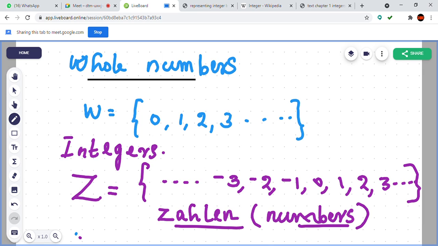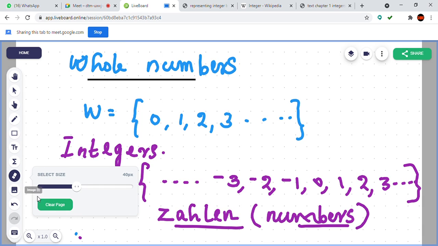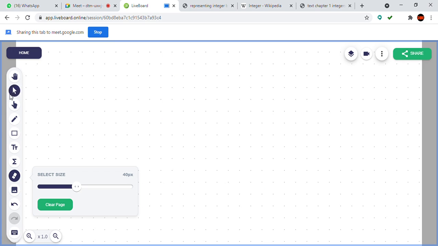Okay, all of you completed this much, I think. Yes, miss. Now we can move to how we can represent these integers on a number line. You know how to represent the counting numbers or whole numbers on a number line. The same way, how can we represent the integers on a number line? Okay. So, just below you can give the heading number line, or representation of integers on a number line.